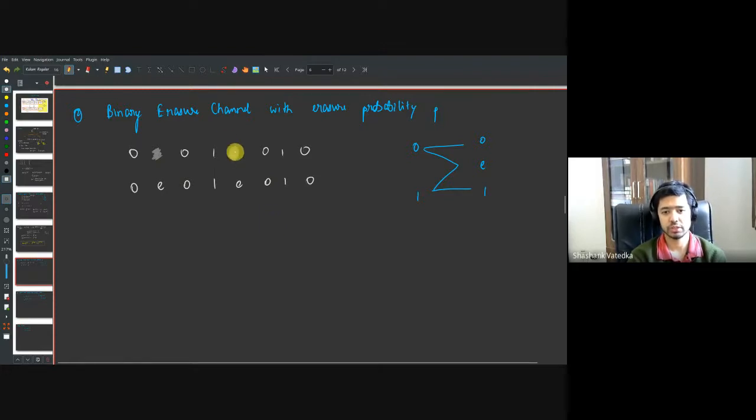Some locations are erased, some locations are clean. Nothing has been done to them. Note that here a 0 never becomes a 1, and a 1 never becomes a 0. Either a 0 or a 1 could be erased. And the probability that each symbol is erased is p.